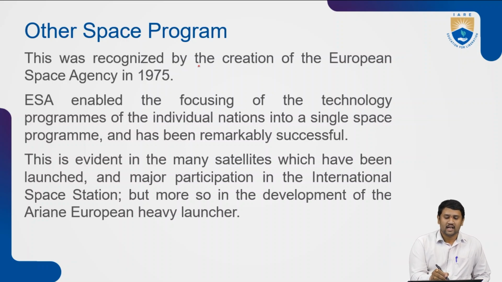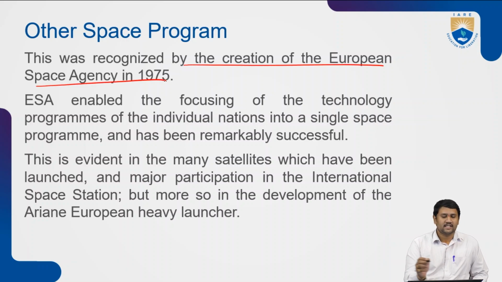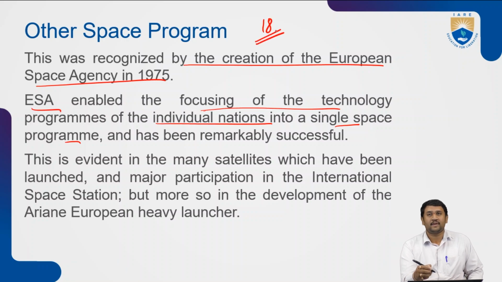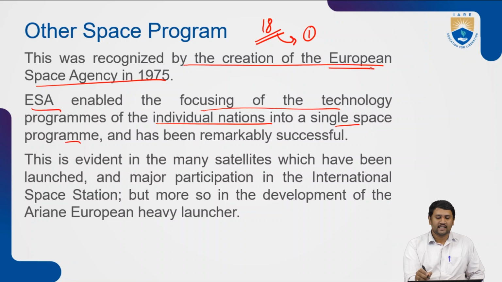So, they were reorganized by the creation of the European Space Agency in 1975. ESA enabled the focusing of the technology programs of individual nations into a single space program, particularly combining all 18 individual European states into a single entity under ESA.